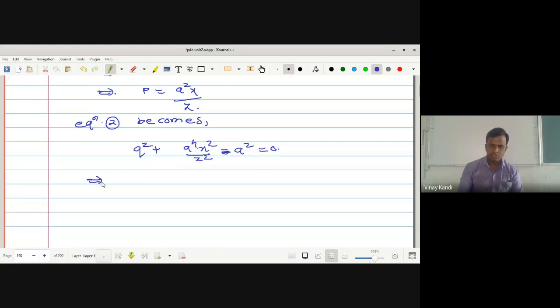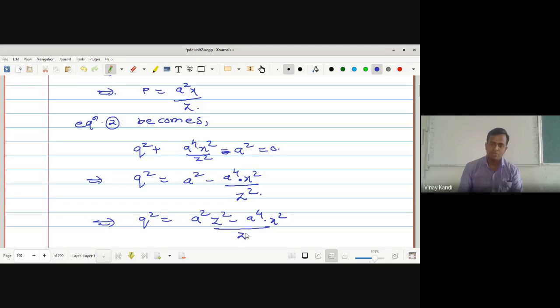Okay, so this one is q square is equal to a square minus a raised to 4 into x square divided by z square. Okay, so that implies q square is equal to a square into z square minus a raised to 4 into x square upon z square.